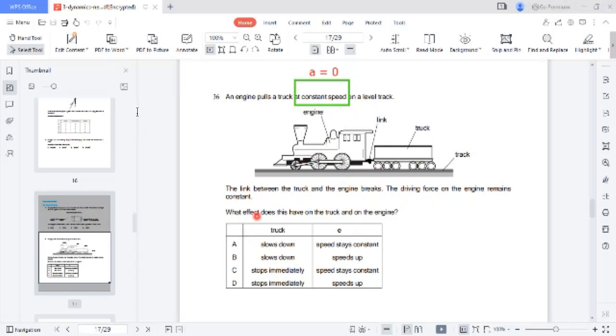What effect does this have on the truck and engine? The first option is about the truck and E for engine, suppose.